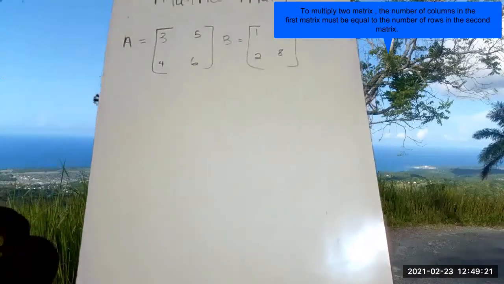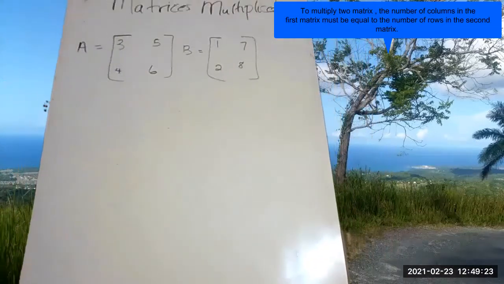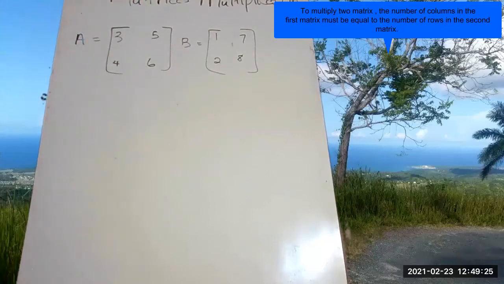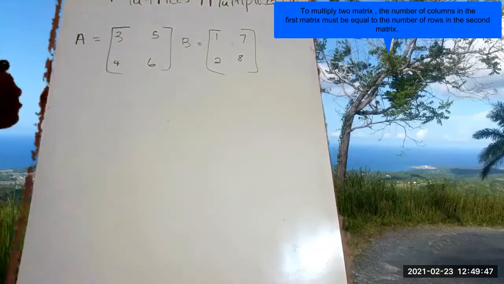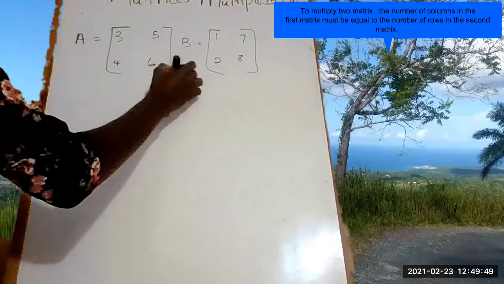So now we're looking at multiplying 2 matrices. In order for 2 matrices to qualify for multiplication, meaning for them to be able to be multiplied together, the number of columns in the first matrix must be the same as the number of rows in the second matrix. So this is a 2 by 2.